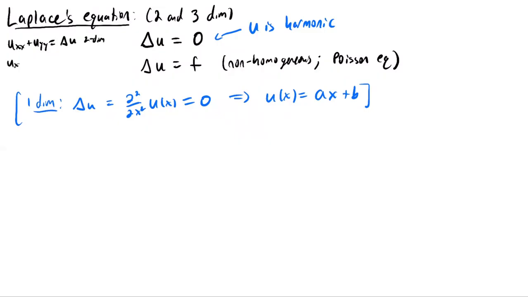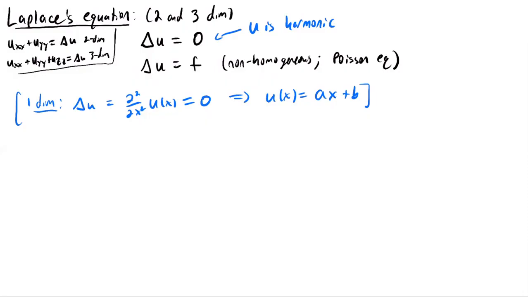And in 3 dimensions, well, let's say the function u is a function of x, y, and z. Well, then you have uxx plus uyy plus uzz is equal to Laplacian u. Right, and so we're going to study this equation in detail over the next several lectures.